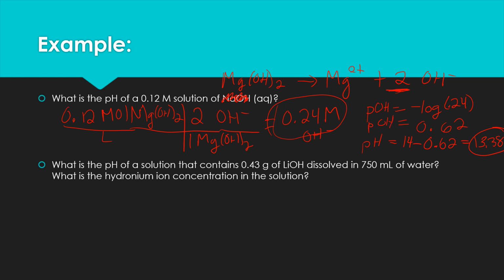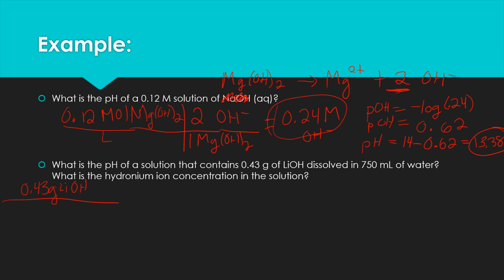Okay, let's look at one more here. So it says, what is the pH of a solution that contains 0.43 grams of lithium hydroxide dissolved in 750 milliliters of water? What is the hydronium ion concentration in the solution? Okay, couple things we're going to do here. So first we want to find our molarity where we have grams of lithium hydroxide.